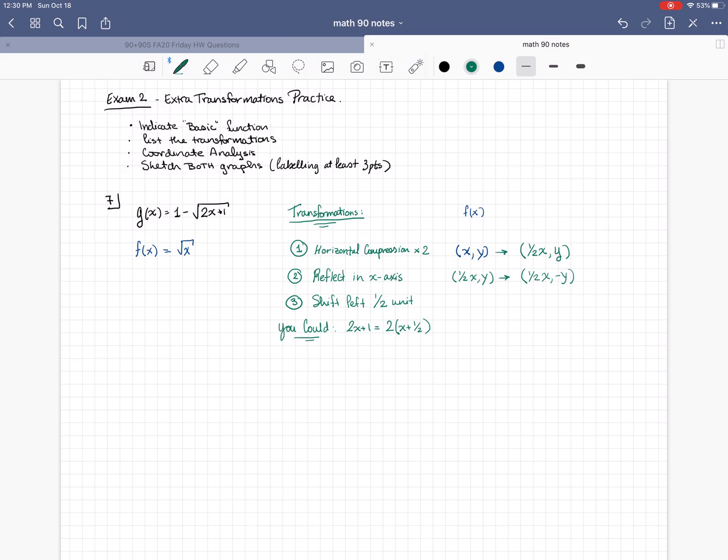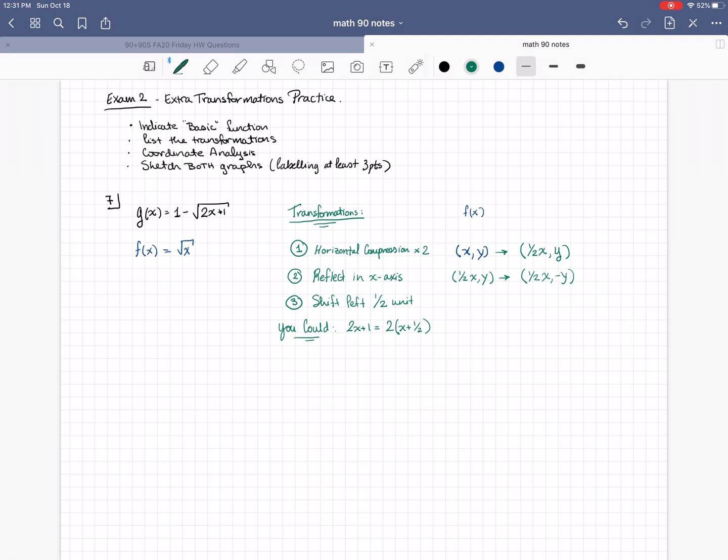So what doing that shows you sort of algebraically is where that 1/2 comes from. So since we first do the compression, after the compression, you've got an x plus 1/2 in there, okay? So that's one thing that sometimes helps out in terms of thinking of it this way. Okay, here we go.